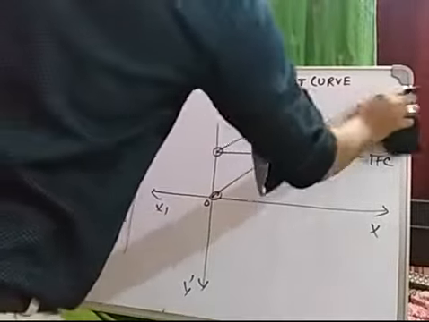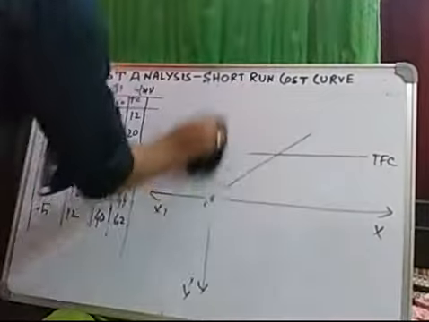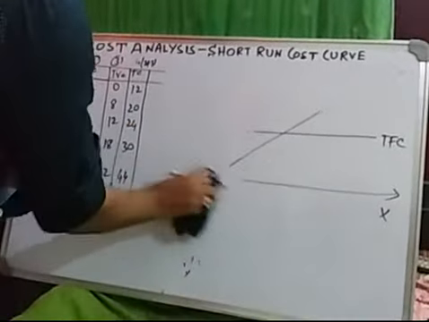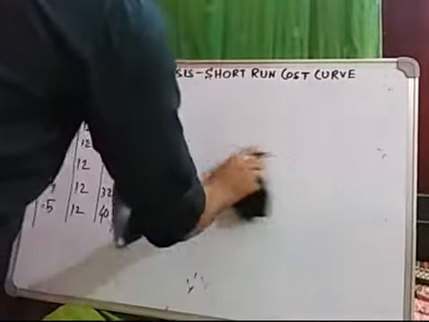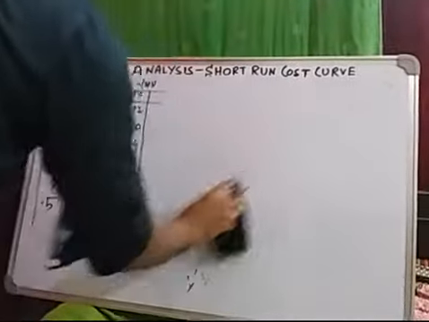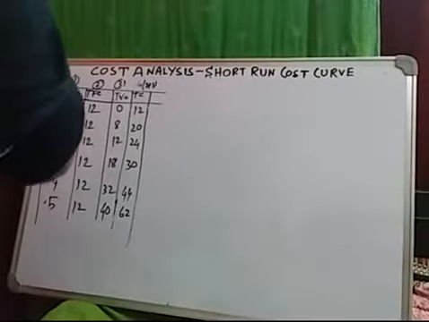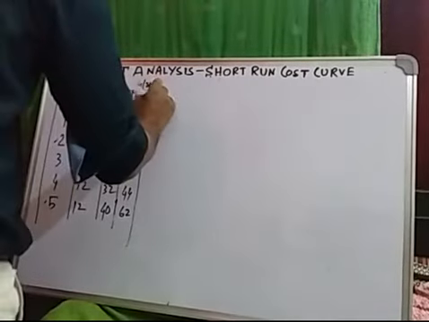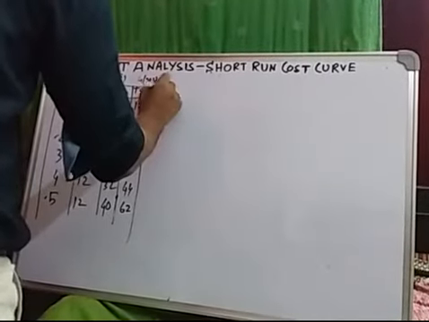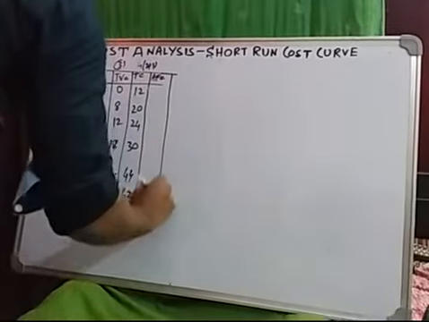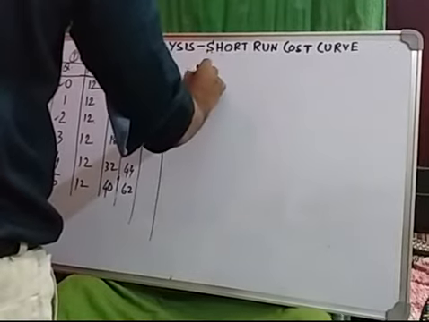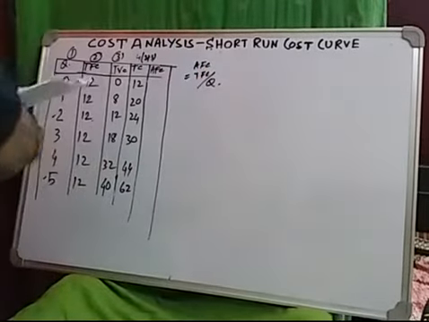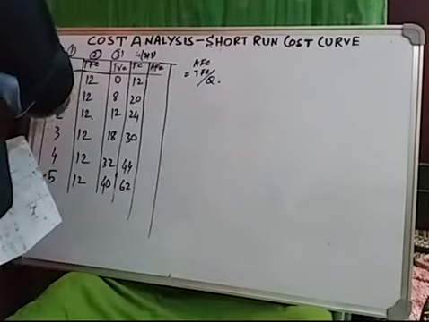Now I am going to the average cost curves. That means the average fixed cost curve, the average variable cost curve, and the marginal cost curve. Now is AFC. What is the meaning of AFC? Now you know that AFC is equal to TFC by Q. So TFC by Q means 12 by 0.